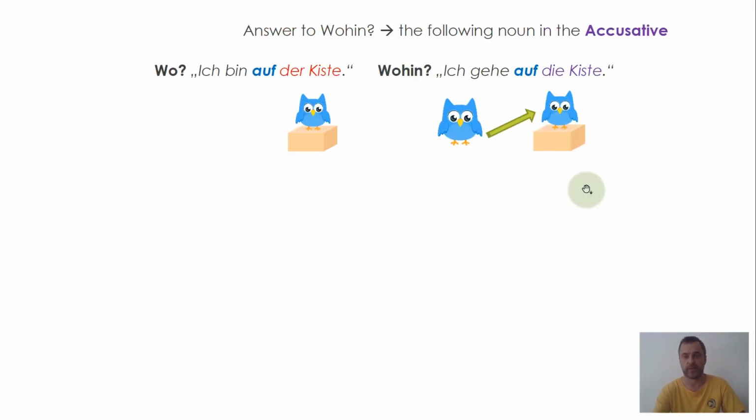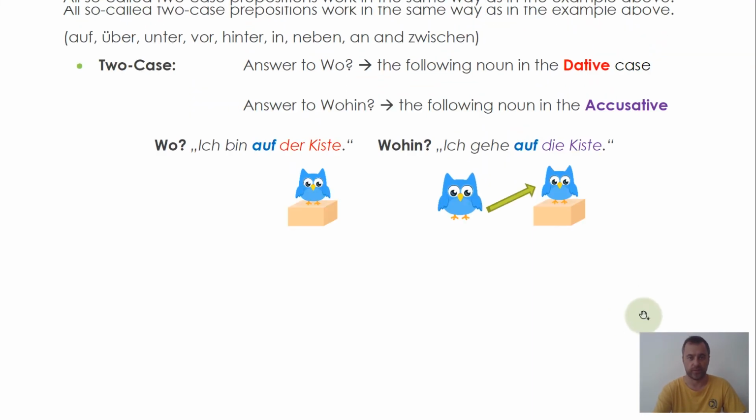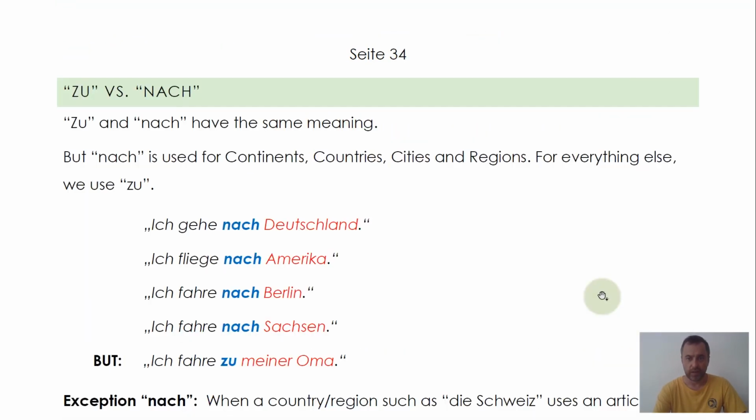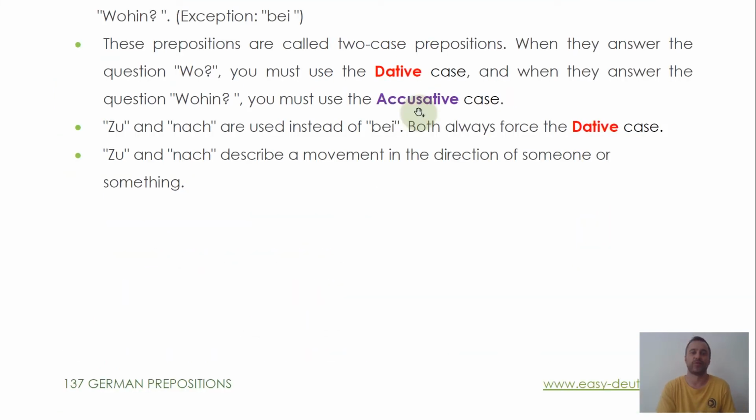Here, this thing works with all the other prepositions. Auf, über, unter, vor, hinter, in, neben, an, and zwischen. And you have to choose dative or accusative according to the question. So if you're asking for a position, it's dative. And if you're asking for a direction, so wohin, where to, you use accusative case.